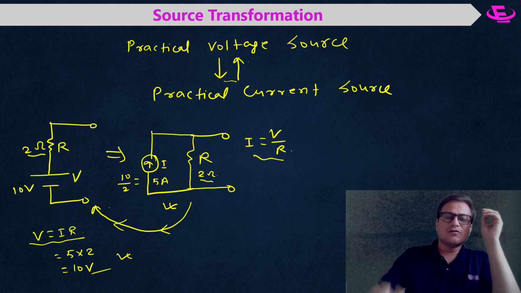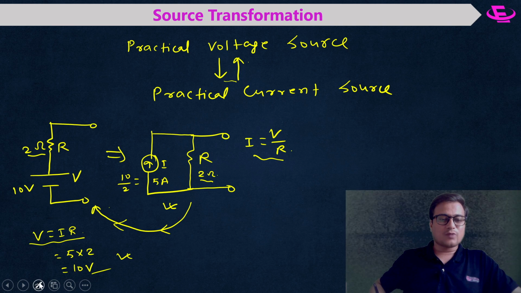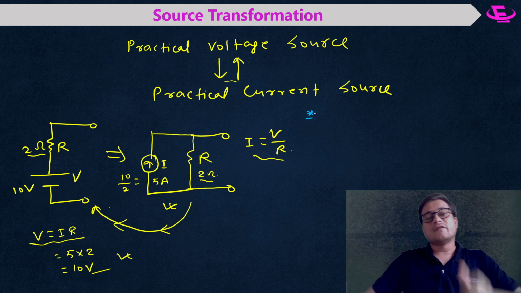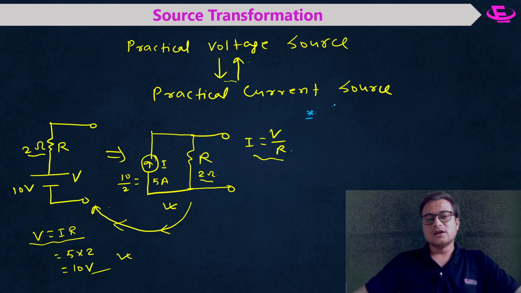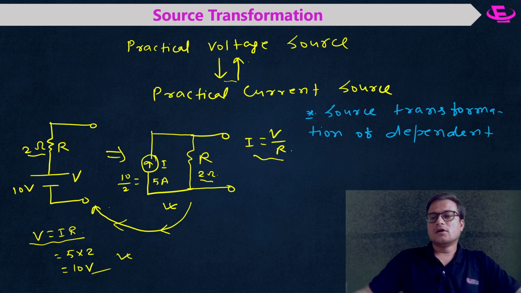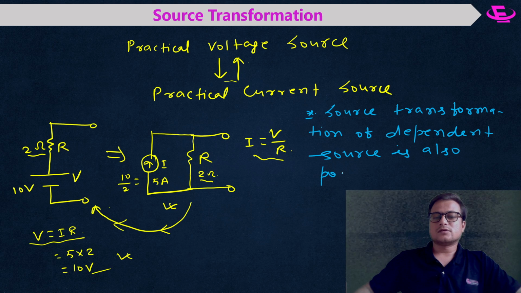Next, I am writing one more point. Just note down this point, that if you have a dependent source, then source transformation of dependent source is also possible.